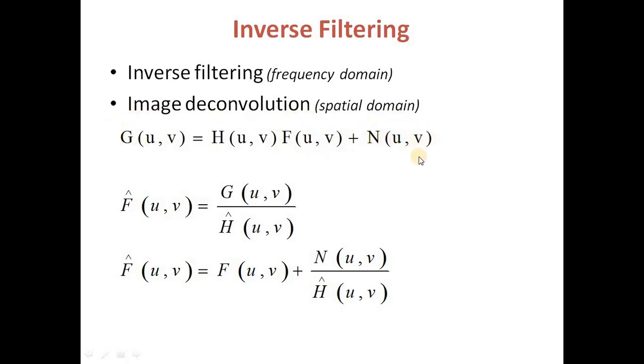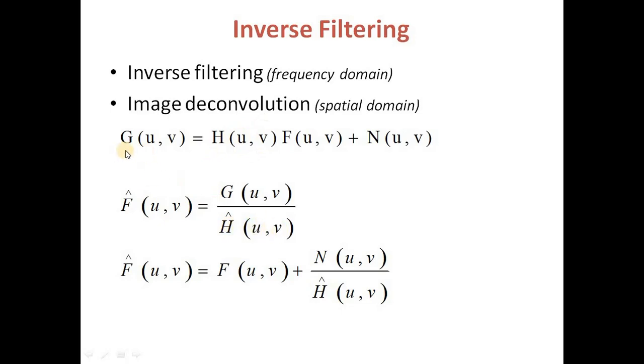So this is a representation in frequency domain. We are unaware what kind of noise has affected it and what the nature of the degradation function is. We were only given the degraded image G of u comma v. So we could somehow have an estimate of this H of u comma v by any of the three methods which we have discussed, and we are naming that estimate of the degradation function H cap of u comma v.